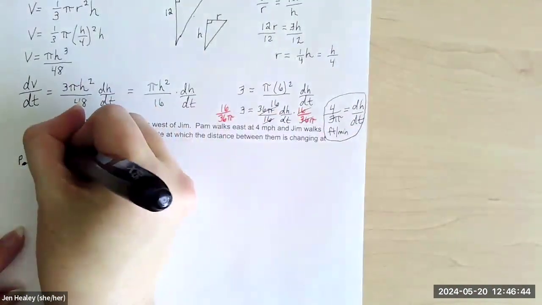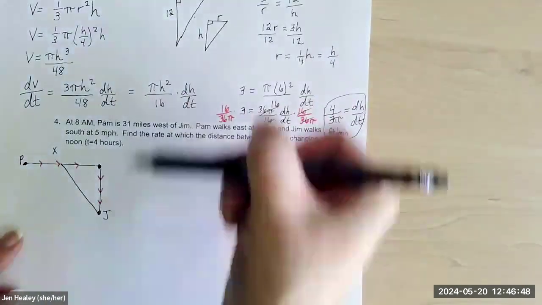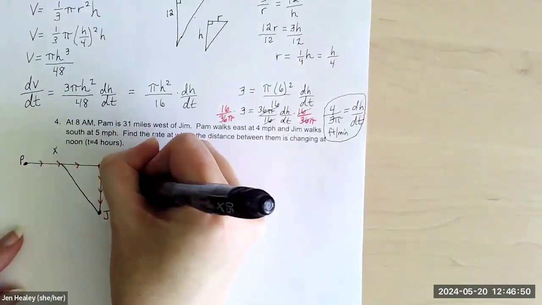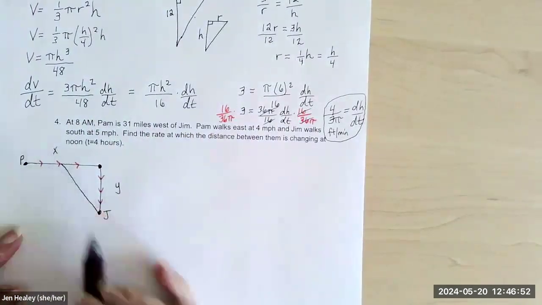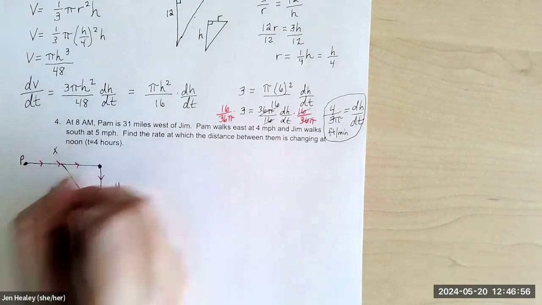Pam is walking in our X direction, so I'm going to call her direction X. Jim is walking straight down, so he's walking in a Y direction. I'll call this side Y. And the side that's the distance between them, I'll call that Z. That's our hypotenuse.